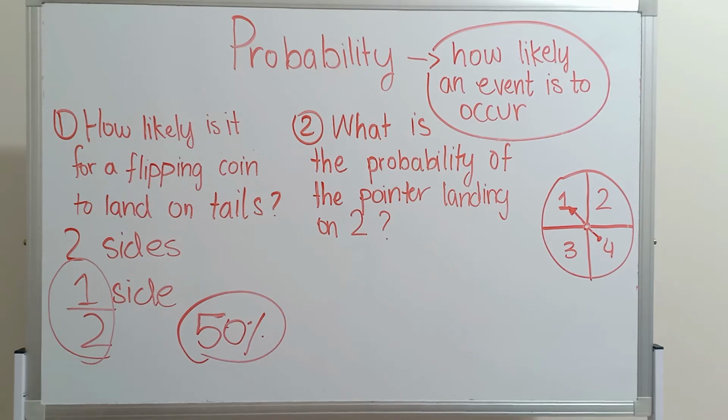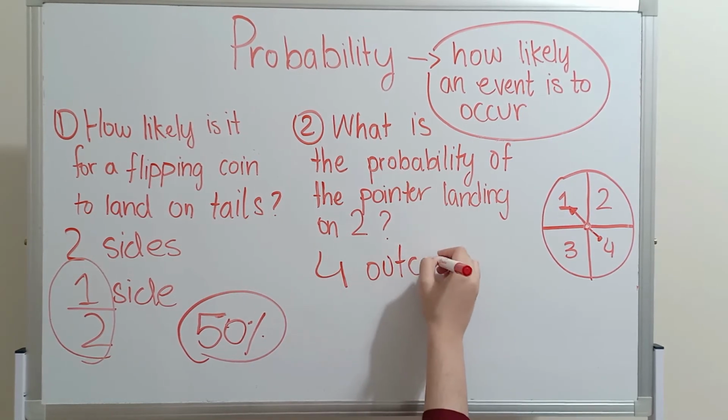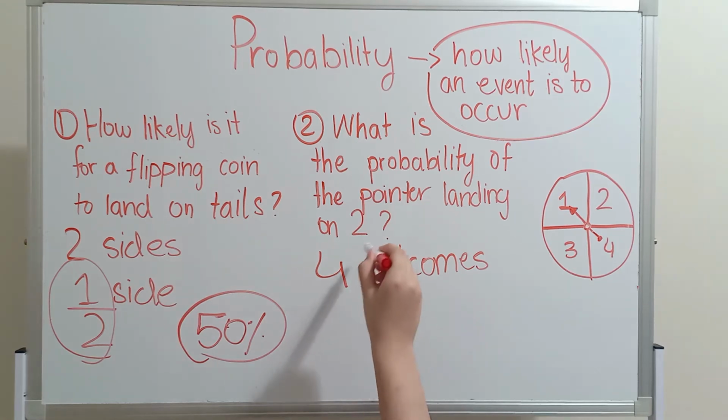The second one says, what is the probability of the pointer landing on 2? We are given a circle here with a pointer. If we spin the pointer across the circle, what is the probability it will land on 2? Here we are given 4 equal parts, so there are 4 possible outcomes. Out of those 4 outcomes, they're asking about only one outcome, on 2.